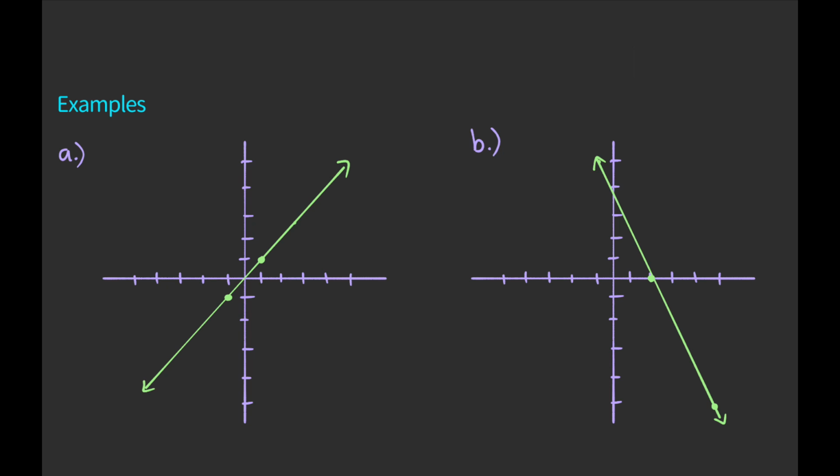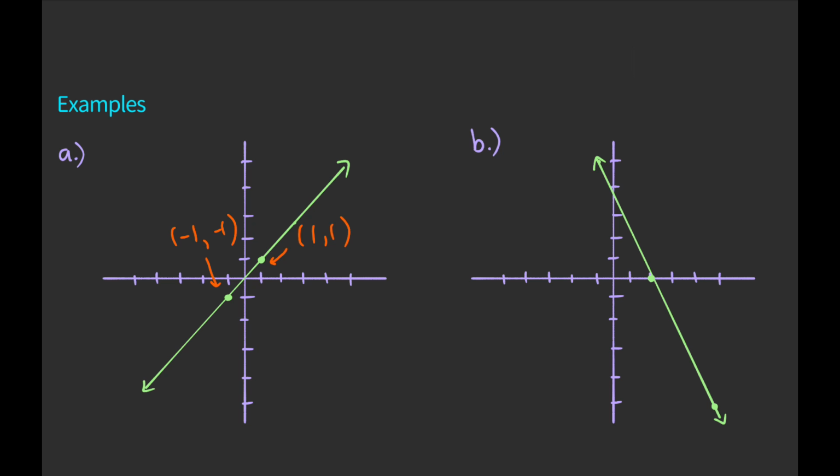There's also another way you could find the slope, by using the slope formula. To use the slope formula, we need 2 points. We are given 2 points, so let's just identify them. This top one is 1, 1, and this bottom one is -1, -1.